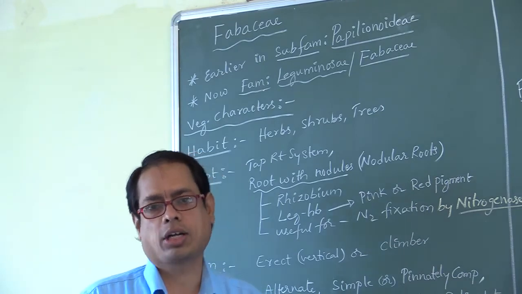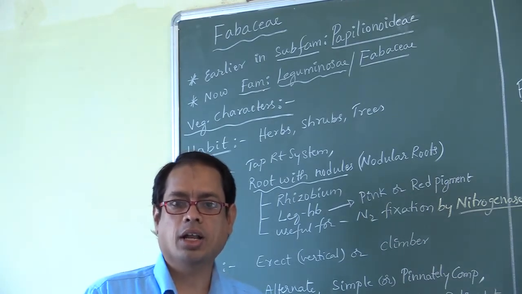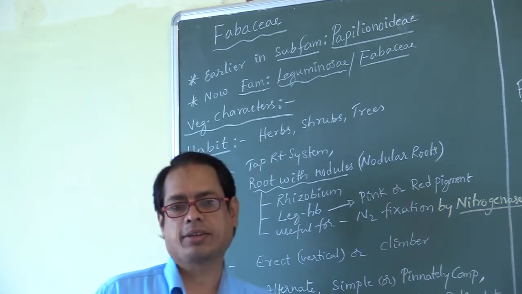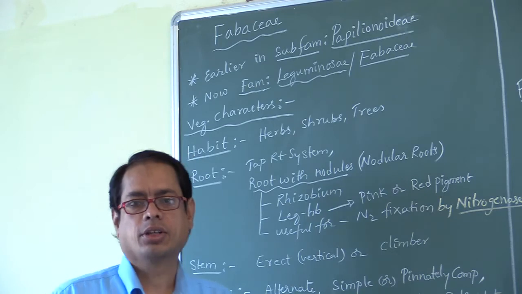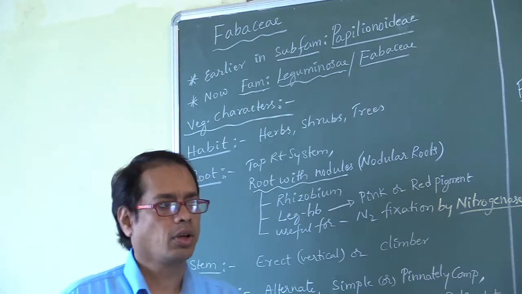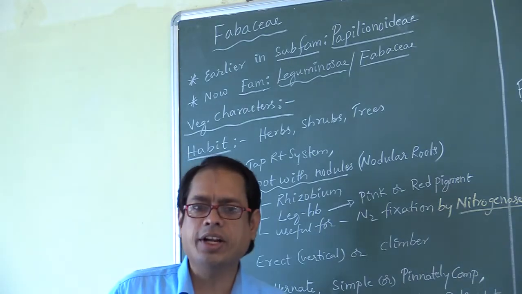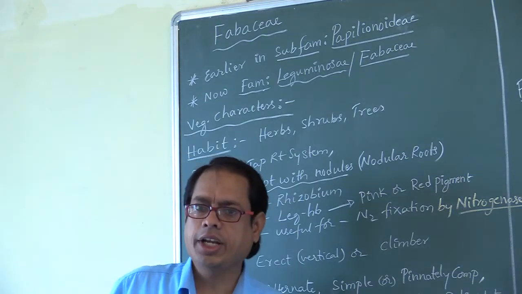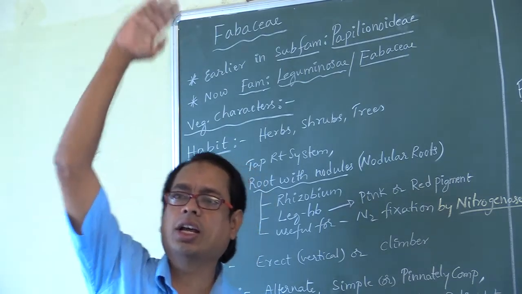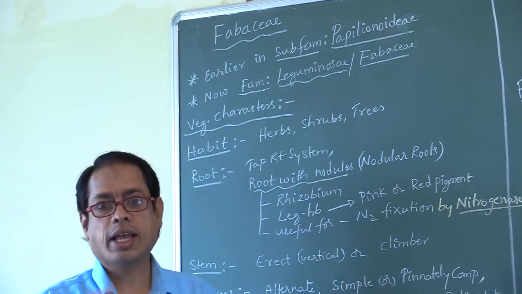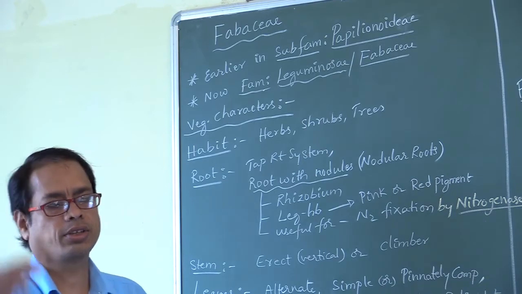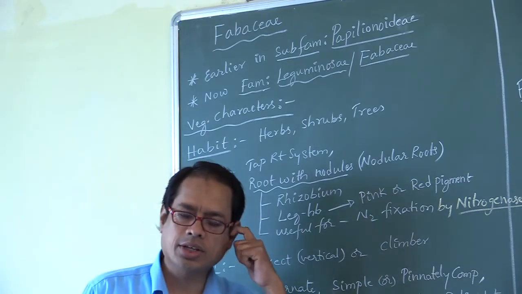Vegetative characters. Where do these plants grow? That is habitat. Generally the habitat of these plants is mesophytic. What is the habit? Some are herbs, some are shrubs, some are trees. Plants of 1 to 3 feet are called herbs, 3 to 6 feet are shrubs, and more than 6 feet are trees. What does the root system mean?